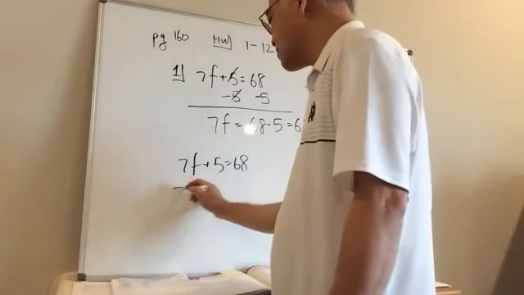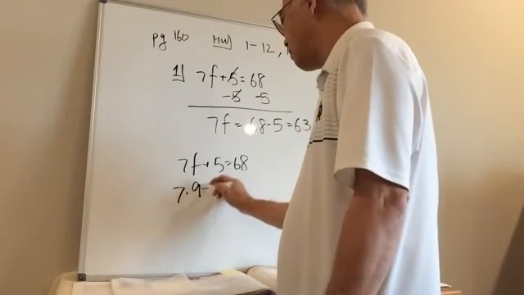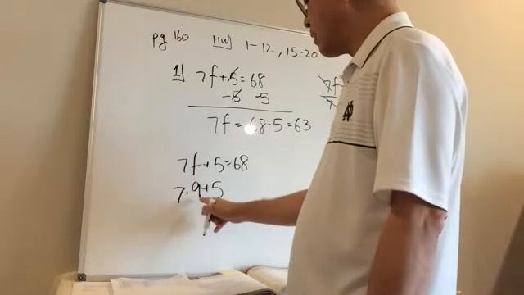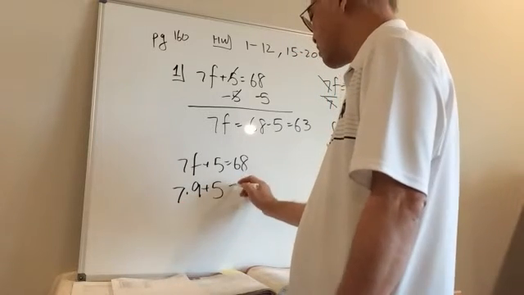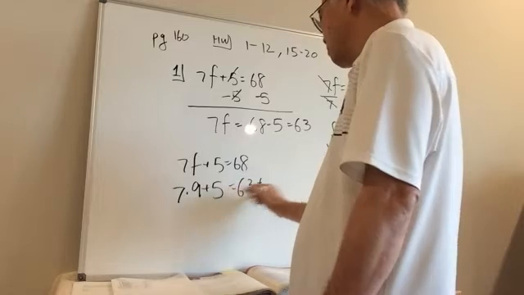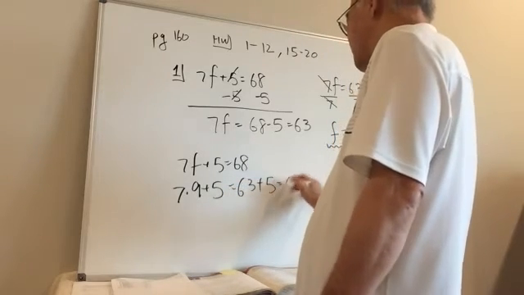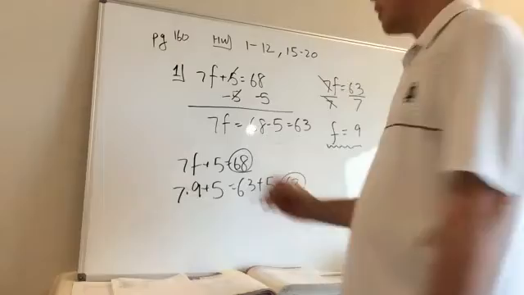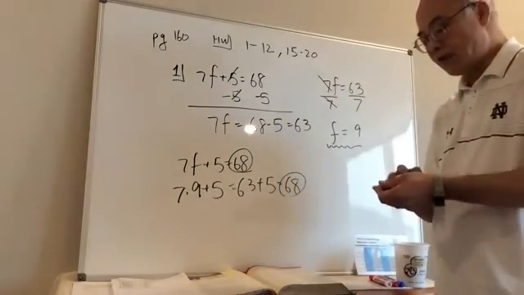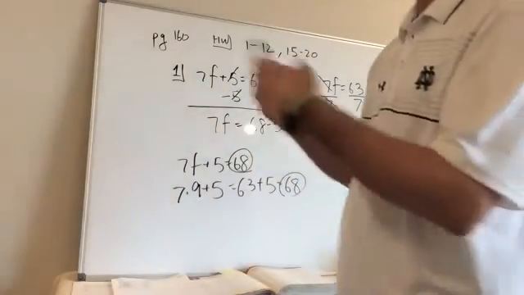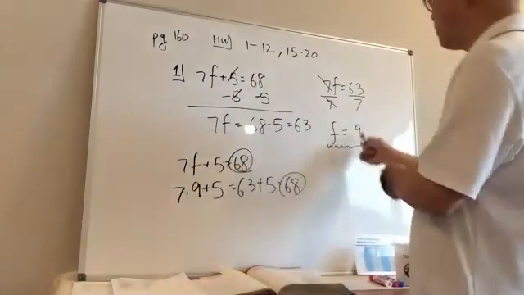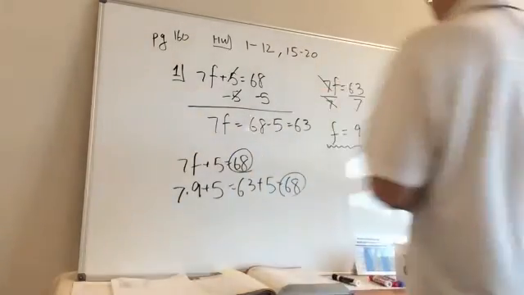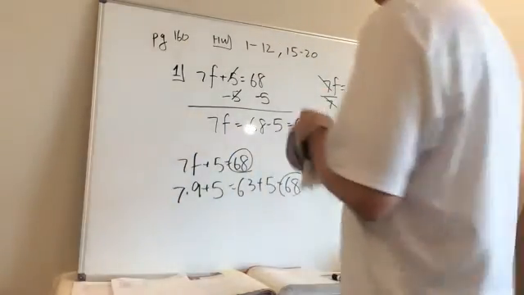So I would go 7 times 9 plus 5. So that would be 7 times 9 would be 63, plus the 5 is going to be 68. And yes, indeed, it is 68. So I can verify or check my math by putting it back in to see if it works. Does everybody understand that? Okay. So that's how you would do number one.